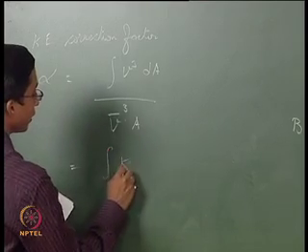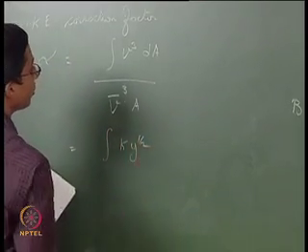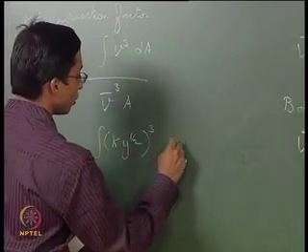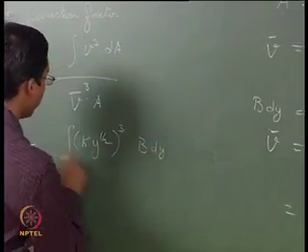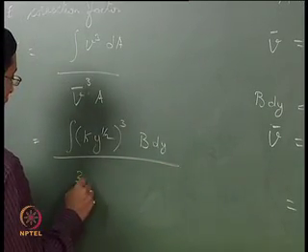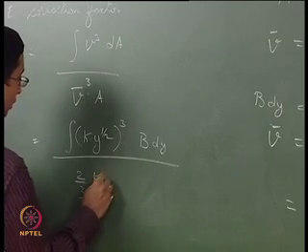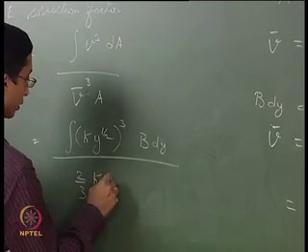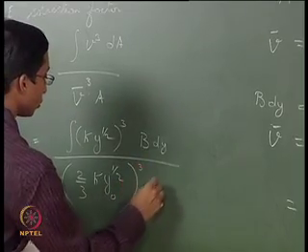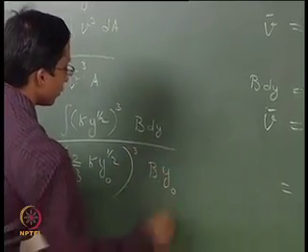This is k y to the power of half whole cube into b dy by 2 by 3 k y naught to the power of half whole cube into b y naught.